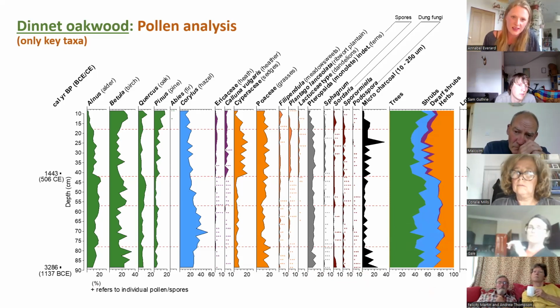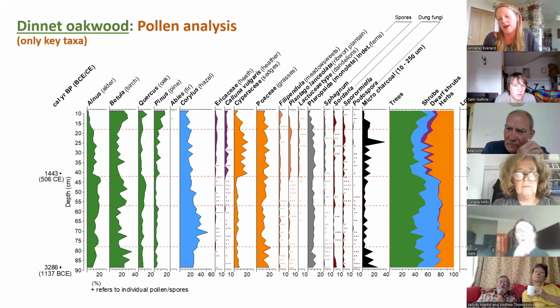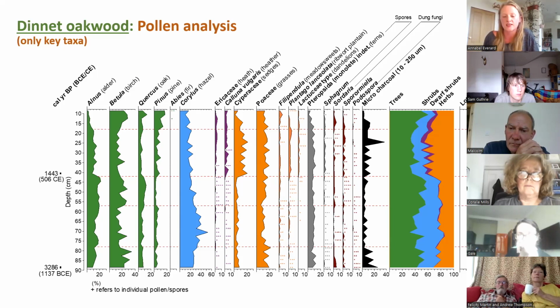On the far side here, we have the results of loss on ignition. This is basically telling us how much organic matter is in each sample. A high value means there's lots of organic material within the peat, and when it declines, it means minerals are washing into the samples. Oh, and finally, all these diagrams are split into zones, which is just grouping together similar samples at different depths, to hopefully help interpret the diagram.